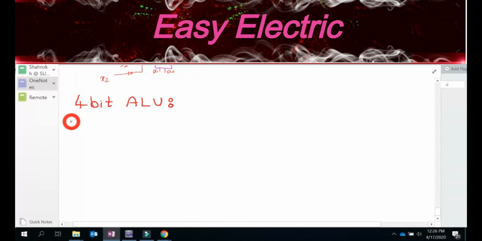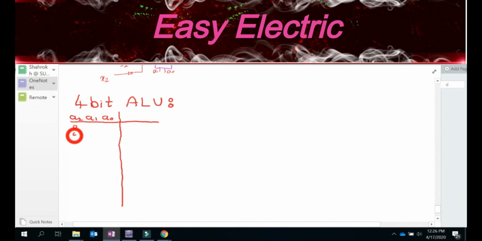So this is the table that we have. Definitely we should have one table which explains how it's supposed to work. I call these A2, A1, A0. That means this ALU has some address bits, which is 3 inputs.